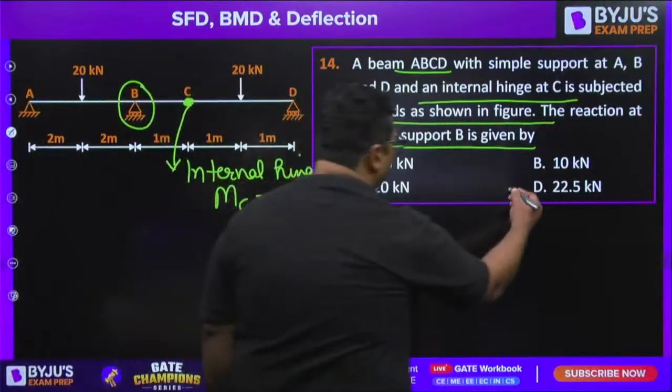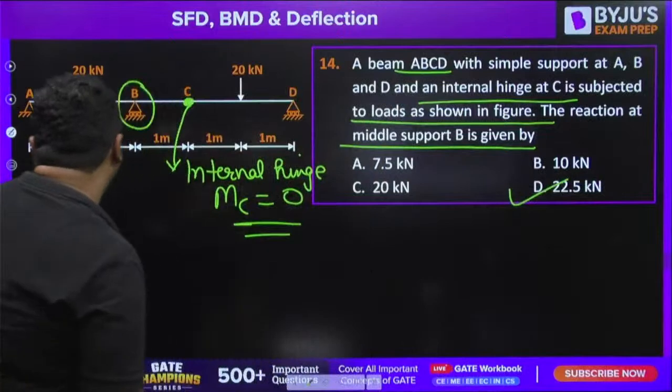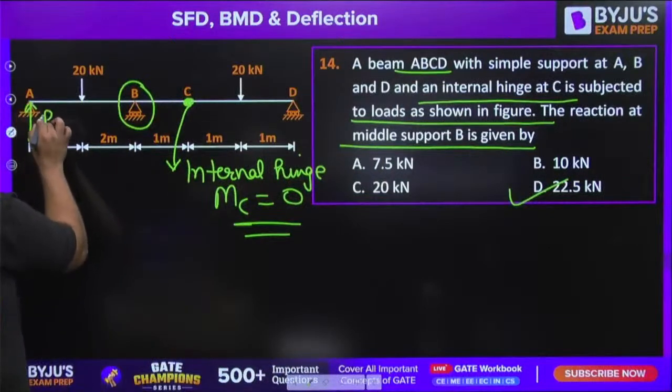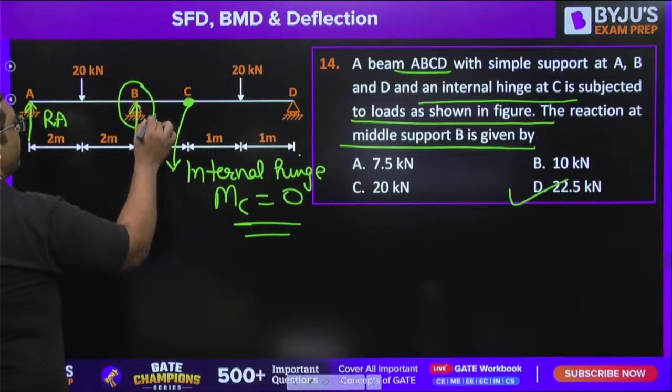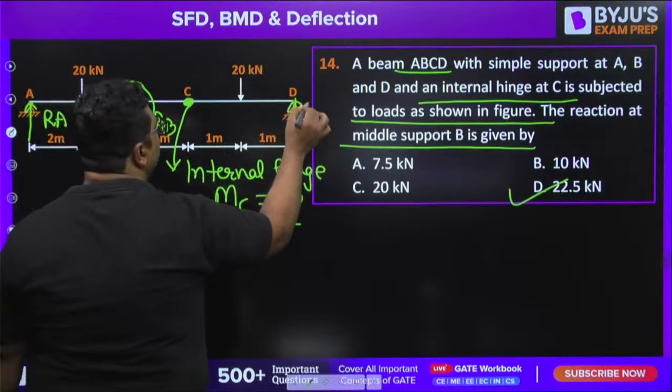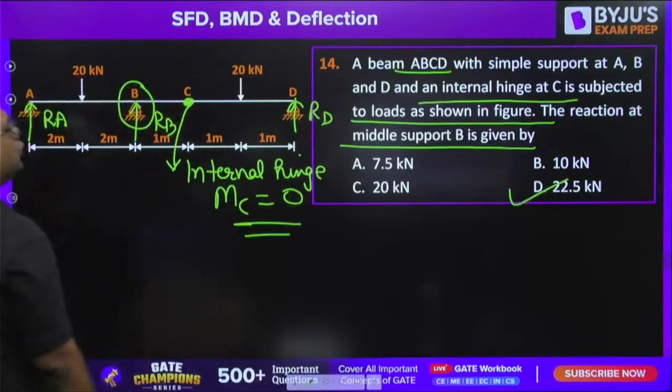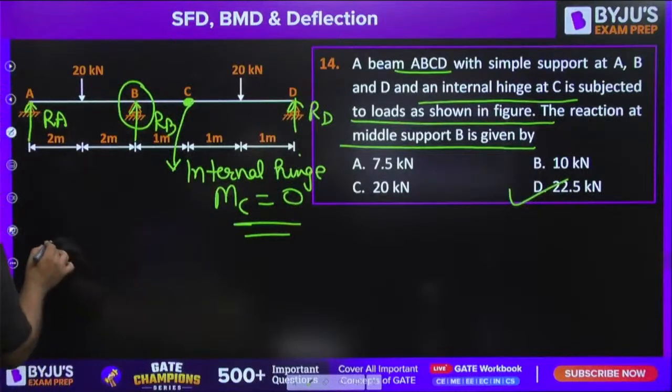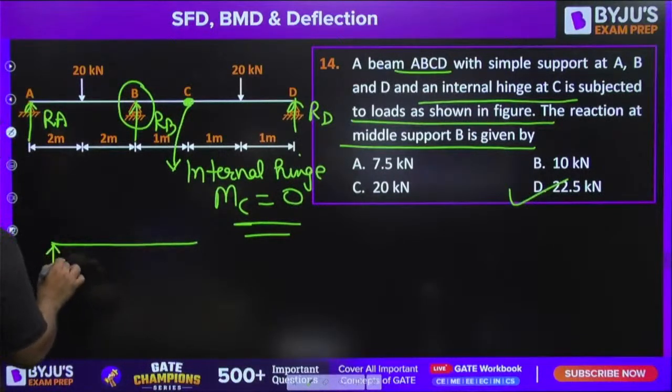No doubt about that. So you know that there is a support reaction RA, a support reaction RB, and a support reaction RD. First of all we can make it as 2 beams.